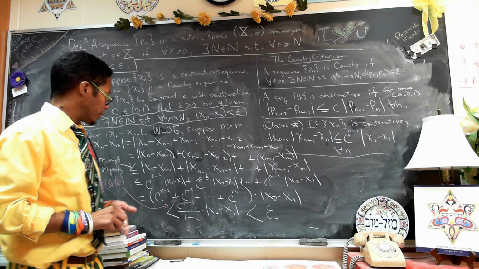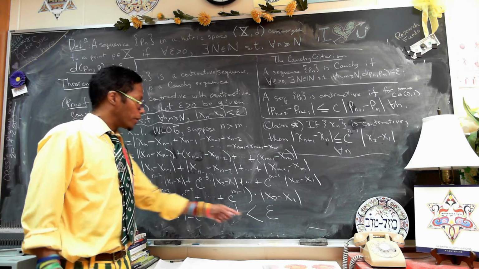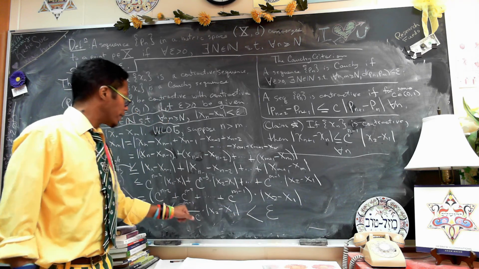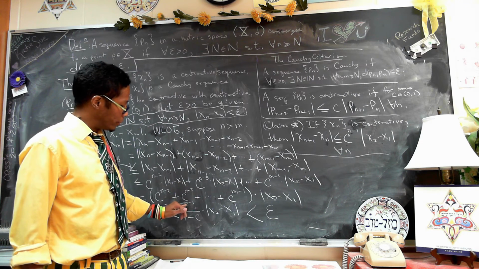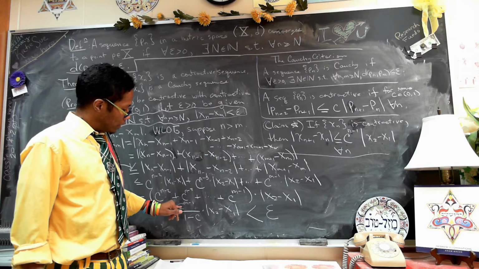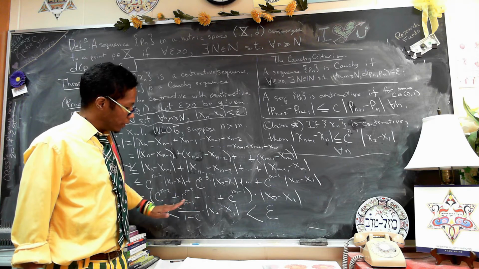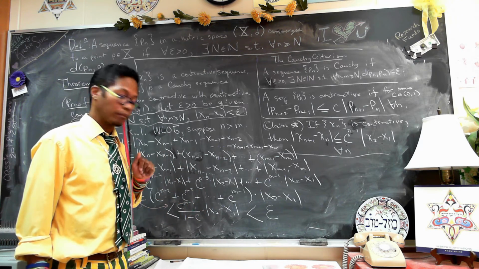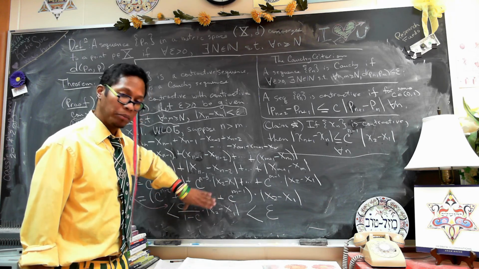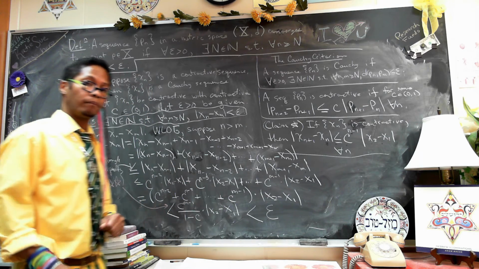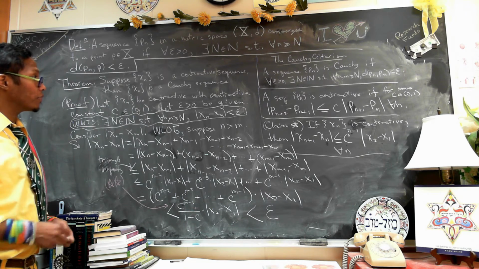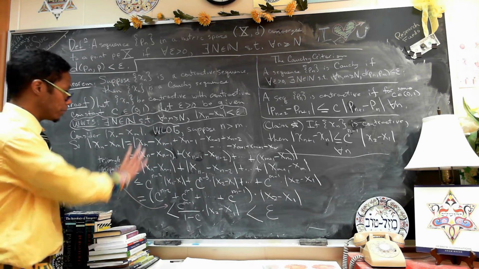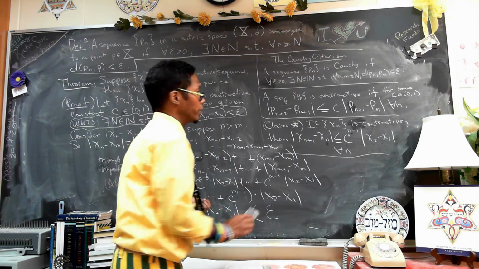That capital N is guaranteed because I know no matter how small epsilon is, I can find a value such that past that value, c to the m minus 1 converges to 0. So that whole thing can be made as small as I desire. So to that end, I think I will have to fit that in over here because I want to keep this on the board. So let's erase some of this.